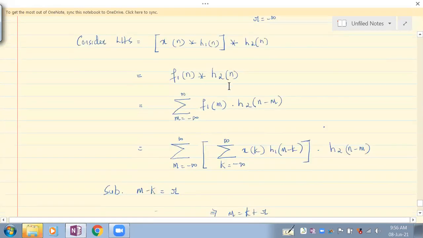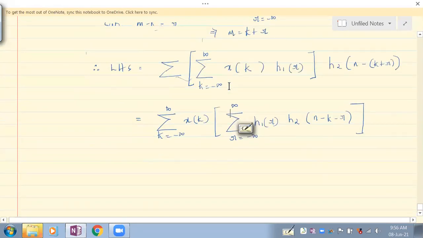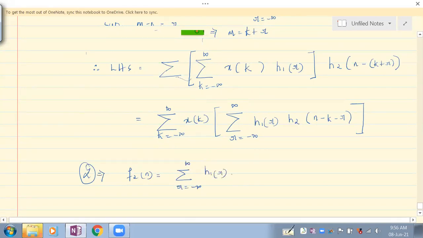Equation 2 implies f2 of n is the summation, r running from minus infinity to plus infinity, h1 of r into h2 of n minus r.